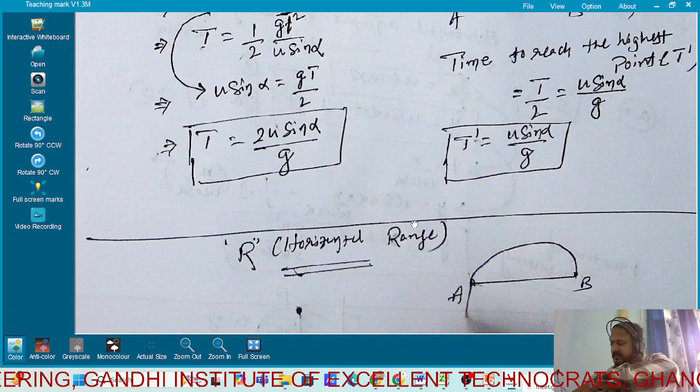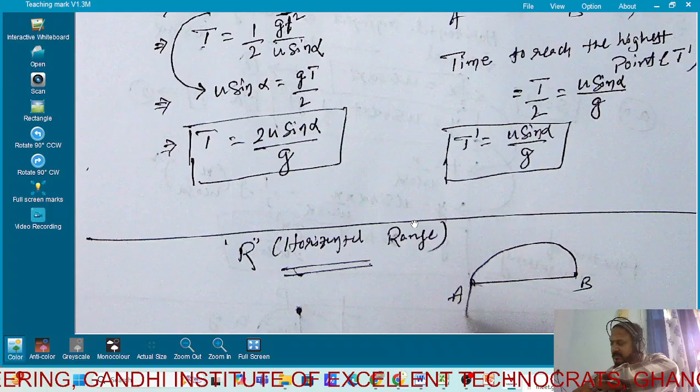Now during this horizontal range of the particle, when you are calculating, what will be the acceleration due to gravity? Will there be any effect of the gravity along this distance?